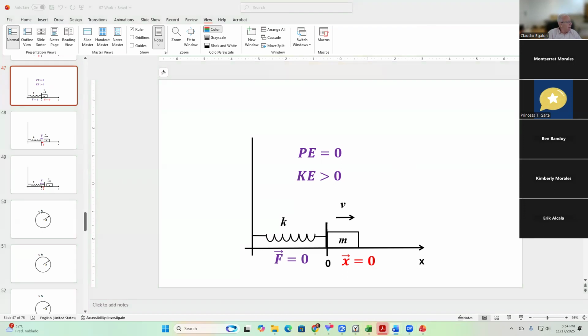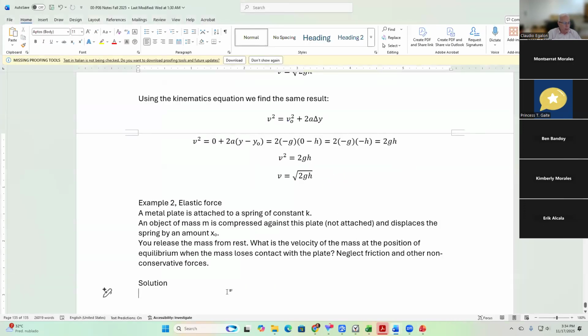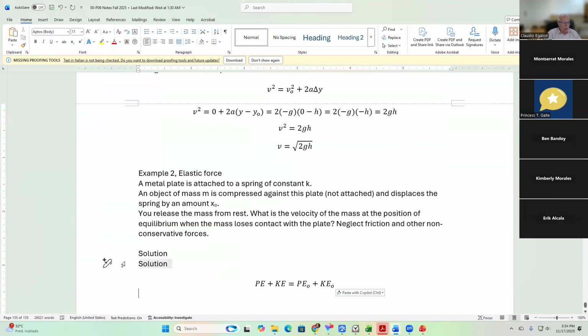So we go ahead and use the work-kinetic energy theorem in the format of the conservation of mechanical energy. The displacement is x naught. See that? We have k and x naught.